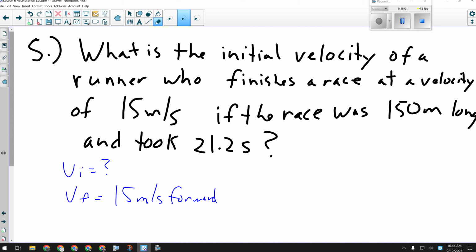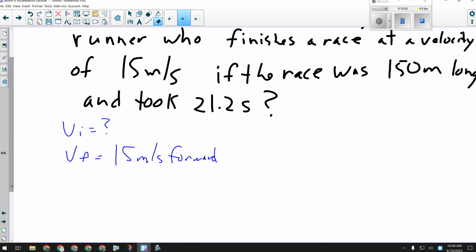If the race was 150 meters long and took 21.2 seconds, what formula should I use here? What does D stand for?